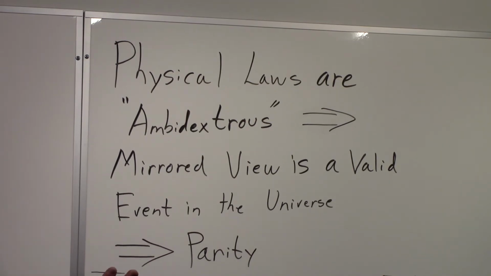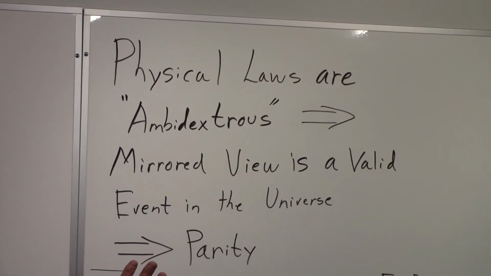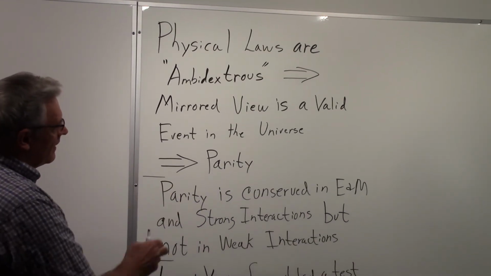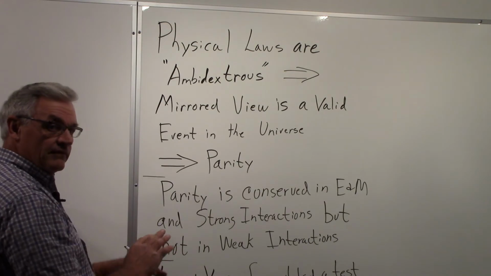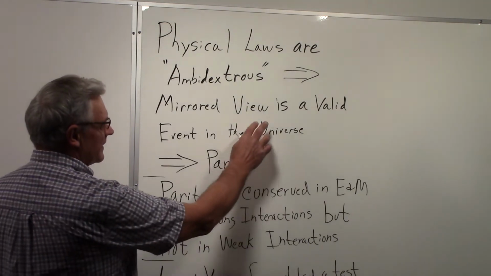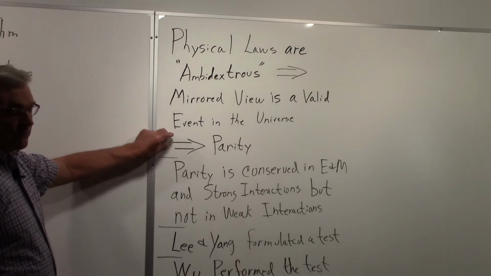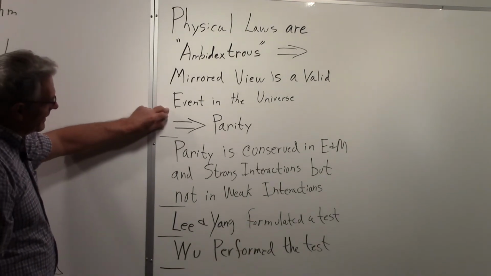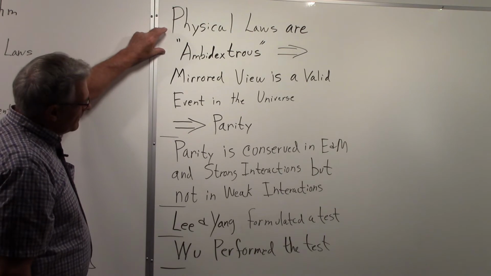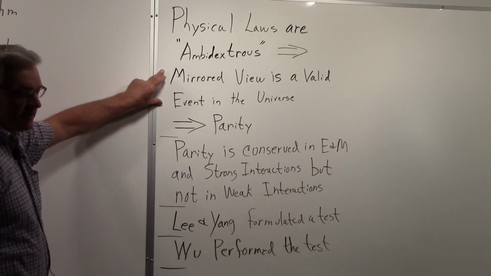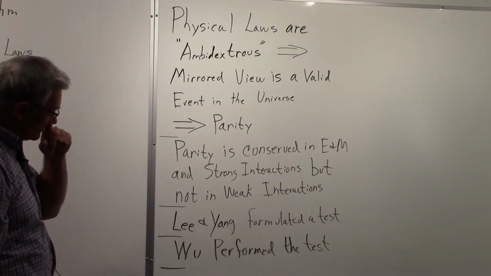If the board was a mirror and I looked with my hand in the mirror, I would see a left hand looking out at me. A mirrored view of anything you can see is a valid event in the universe. And that's what we mean by parity. So parity is: physical laws are ambidextrous, and a mirrored view of anything is a valid event in the universe.